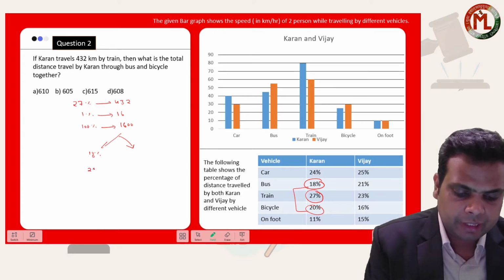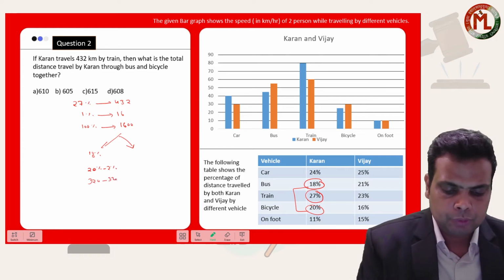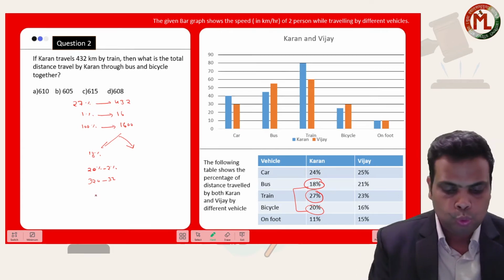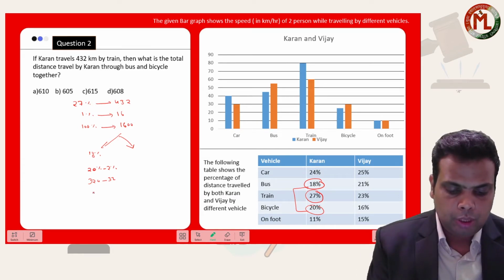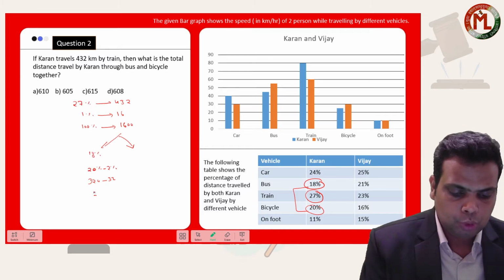We can write it like this: 20% minus 2%. 20% is 320 minus 2%: 1% is 16, 2% is 32. This will get 288. Is it clear? 288.